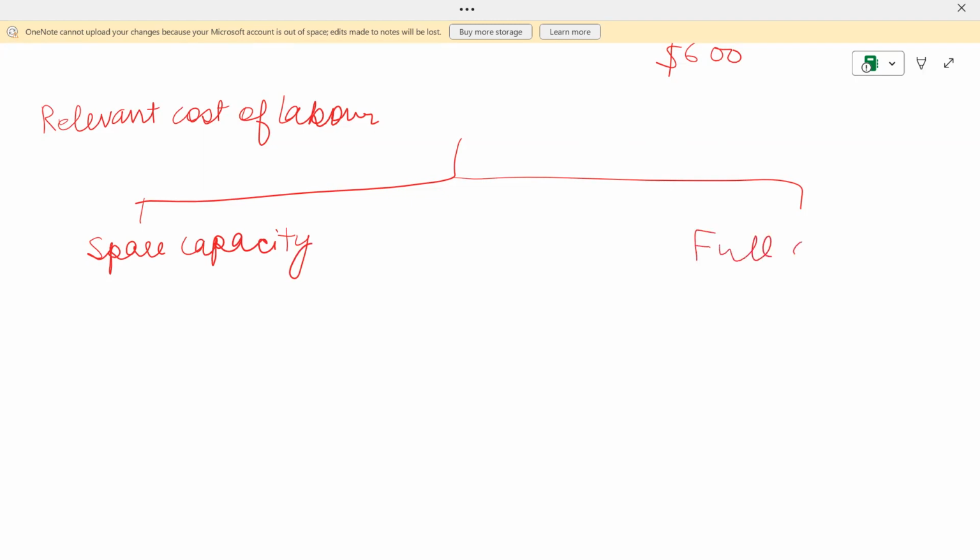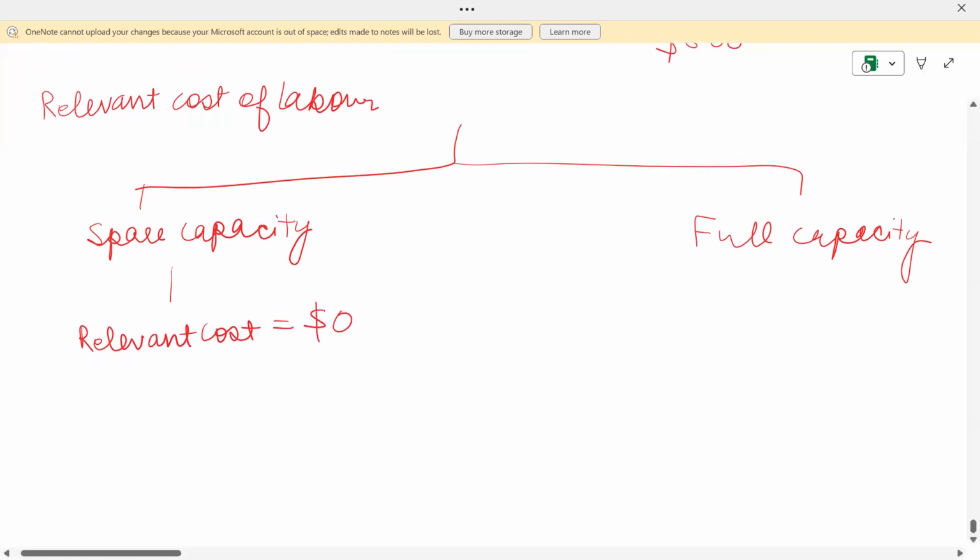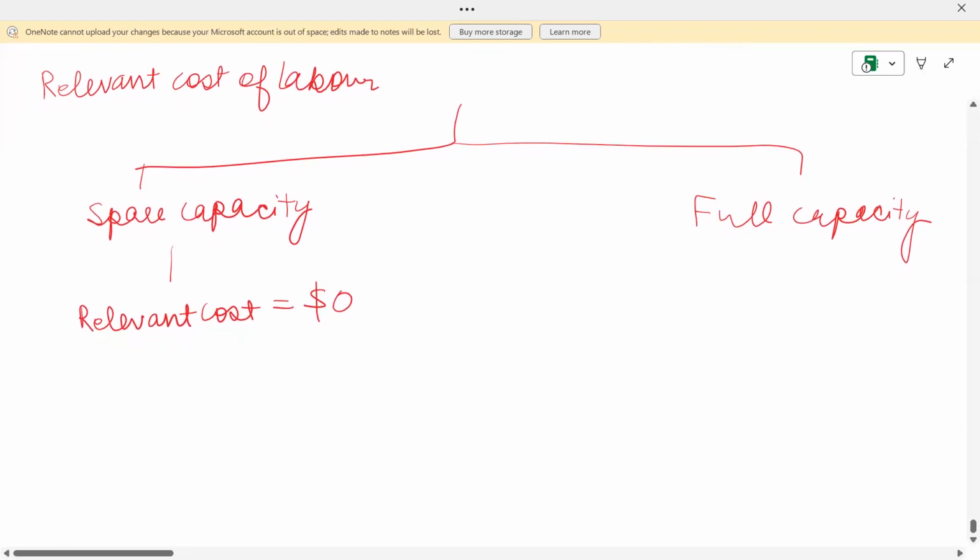Another scenario can be that the capacity is full and you will have to hire more labor. In the spare capacity case, your relevant cost is going to be zero because you're anyway paying the labor. It's nothing extra which you're going to pay the labor because of this contract. So that is why the relevant cost is $0.